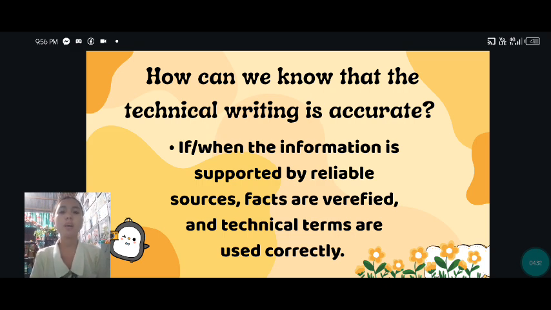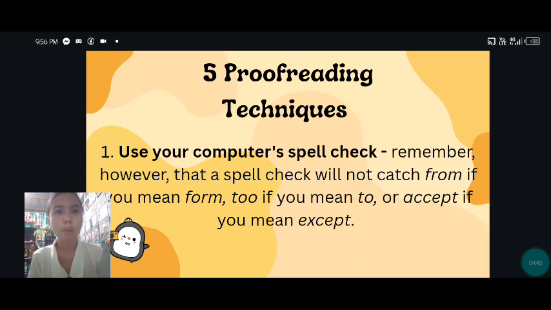So careful proofreading, fact checking, or peer review can ensure accuracy. So I have here 5 proofreading techniques that you can use to ensure that your writing is accurate.